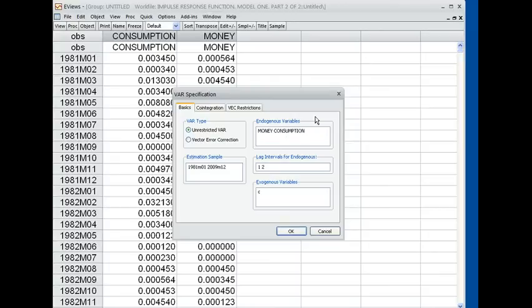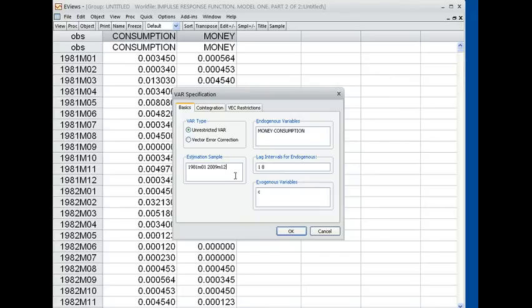So these are my two endogenous variables. And suppose I choose 8 lags. There are a total of 8 lags, and this is our sample period from 1981 to 2009.